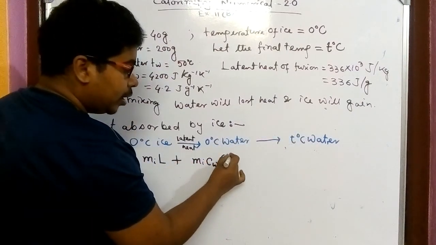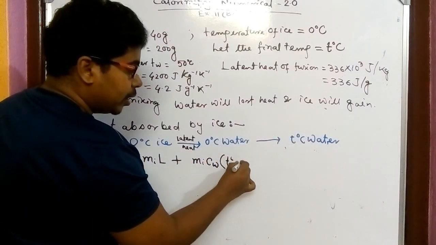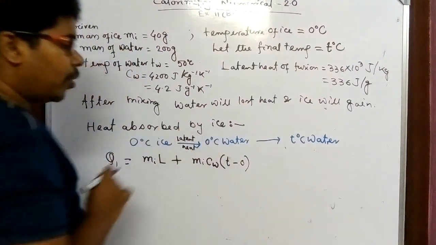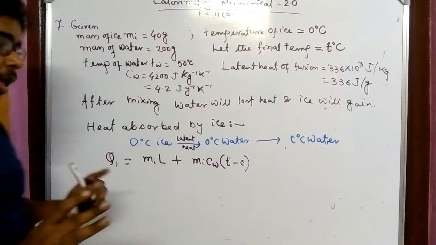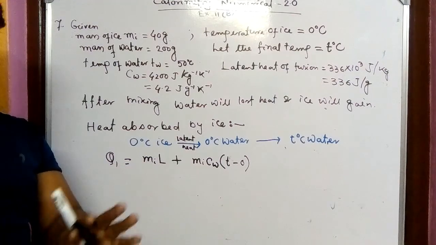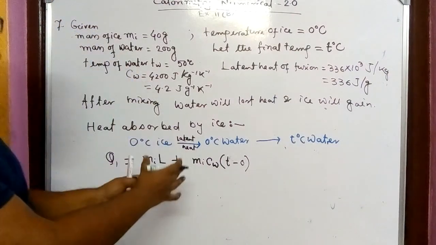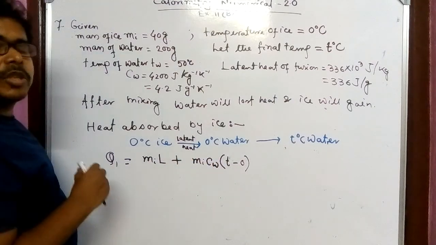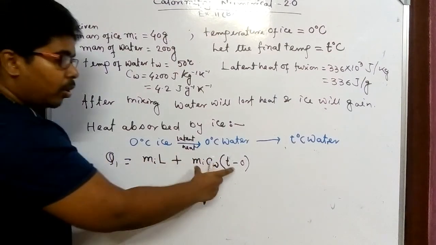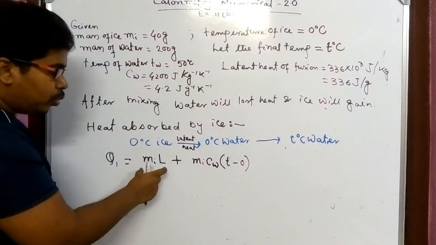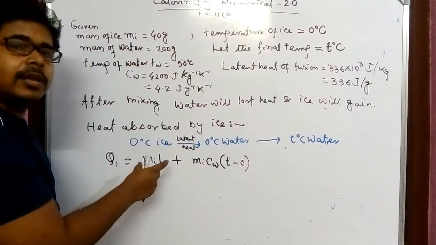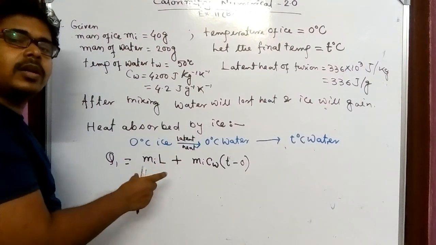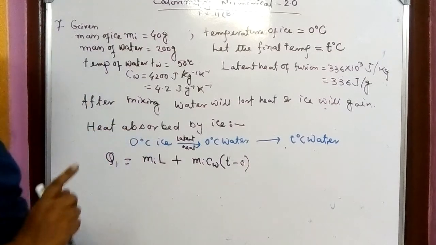So T degree or T minus 0. Try to see. Here it is the difference only with the previous numerical. In the previous numerical we only had to see the temperature change. But here along with the temperature change we have to mention the state change. That is extra latent heat. You have to mention it here.